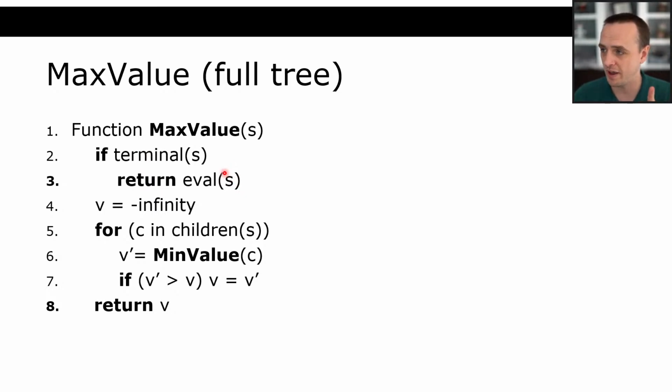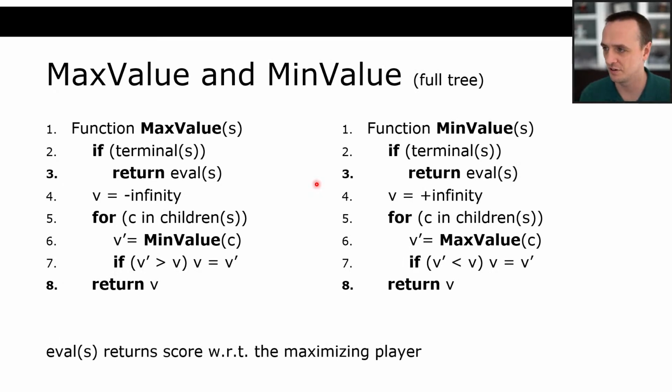Otherwise, I'm going to be maximizing. So I'm going to set up a -infinity for each child. Instead of just evaluating here, I want to maximize the result of a minimize, right? And so I'm going to get the value of that eventually and then compare it to my maximum, and I'm going to return that. However, there's a MinValue algorithm here, which is just the exact opposite of this, right?